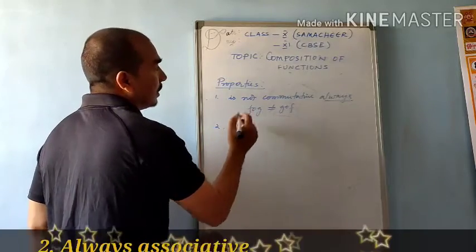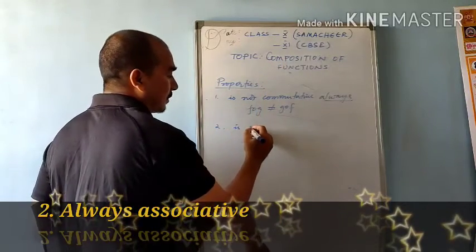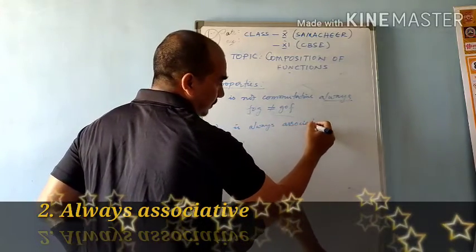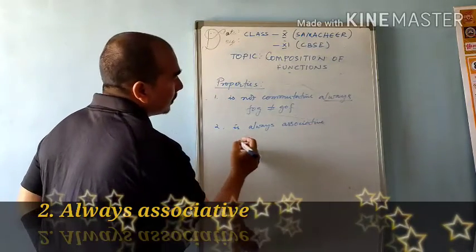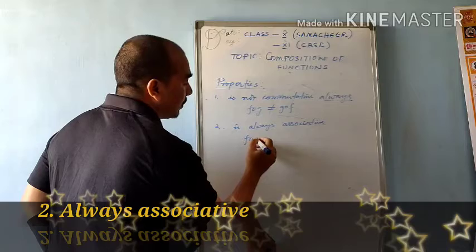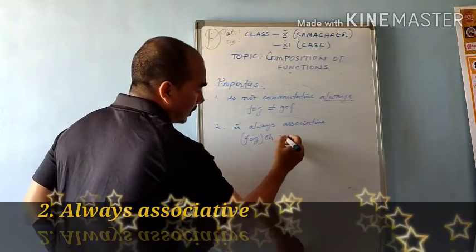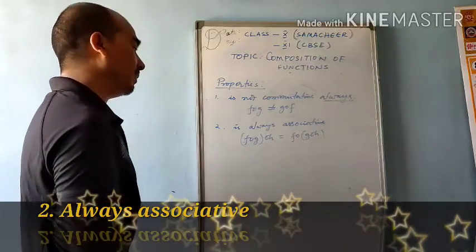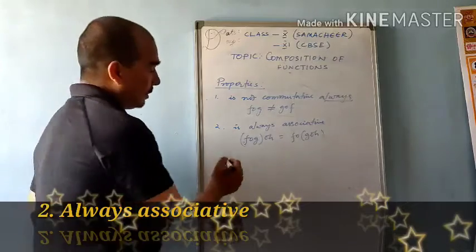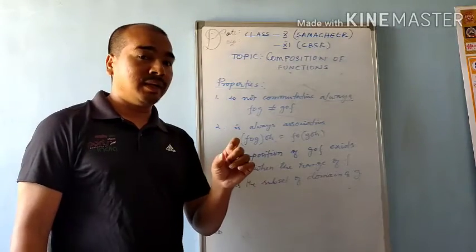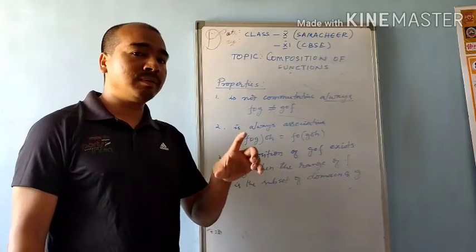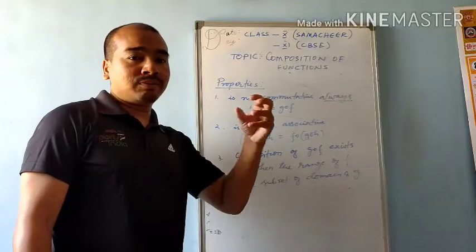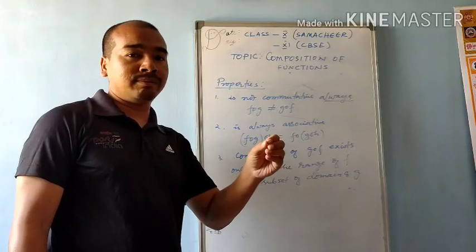Next one, composition of function is always associative. Meaning, f o (g o h) is equal to (f o g) o h. Both should be equal all the time. And the third one is, composition g of f exists only when the range of f is a subset of the domain of g. If I put the mango in the first machine, we will get the pulp.